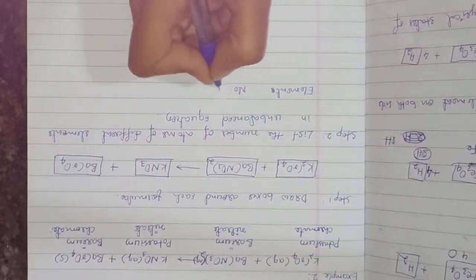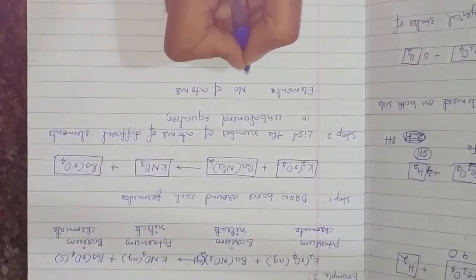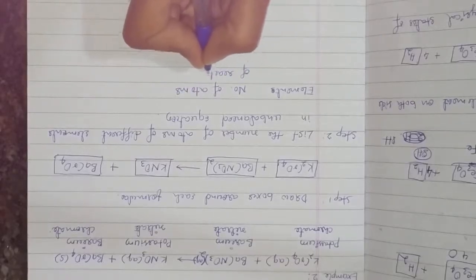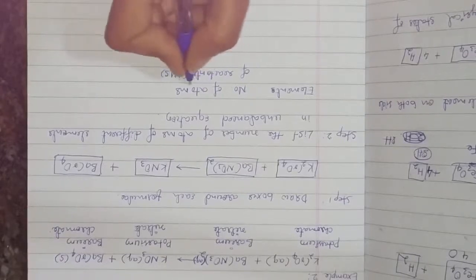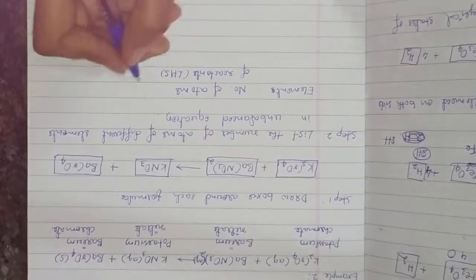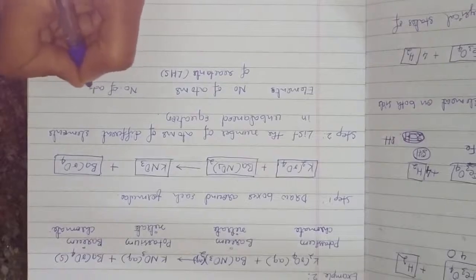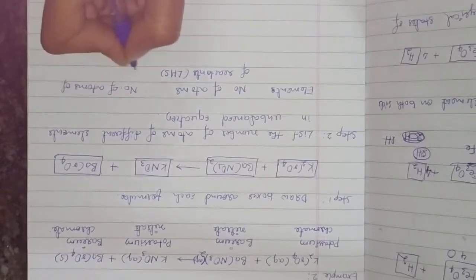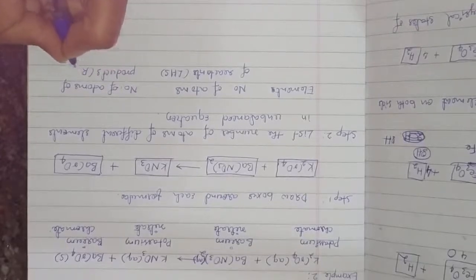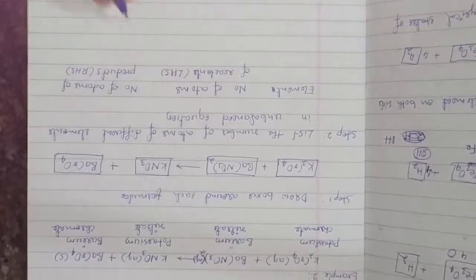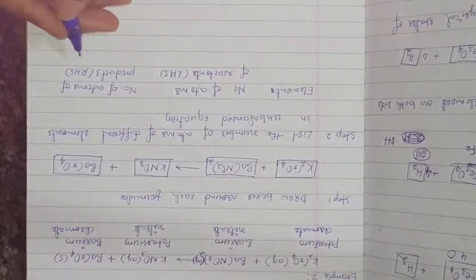In the second column, the number of atoms of reactants, or the number of atoms on the left hand side. In the third column we will write the number of atoms of products, or we can also say the number of atoms on the right hand side.